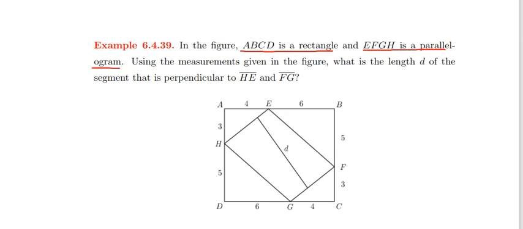So what do we want to find? What is the length D of a segment that is perpendicular to HE and FG? So this is perpendicular. Okay, what is D?